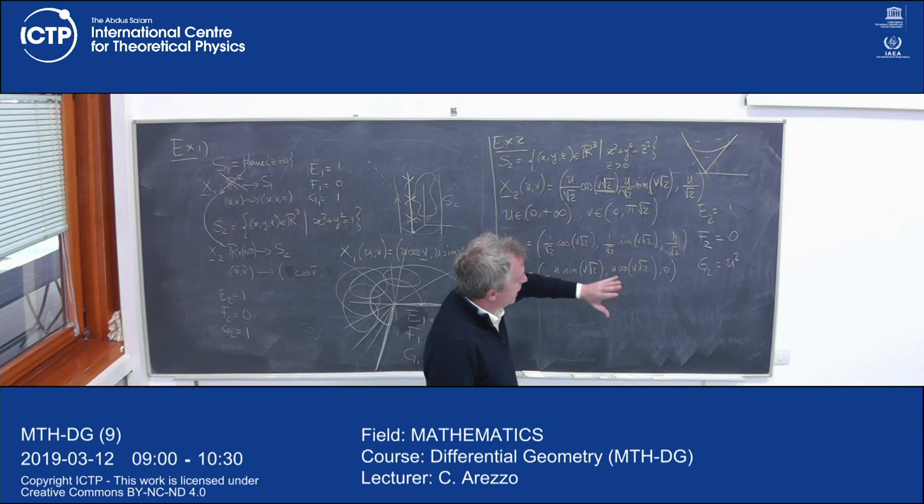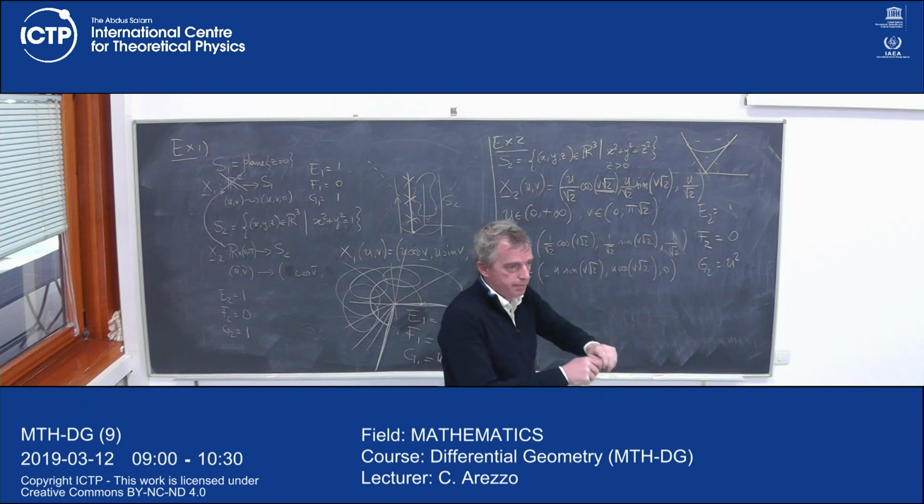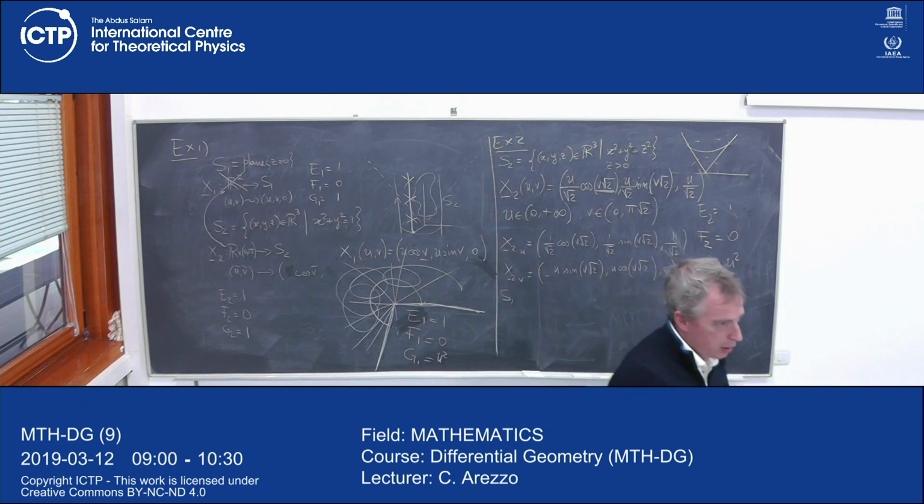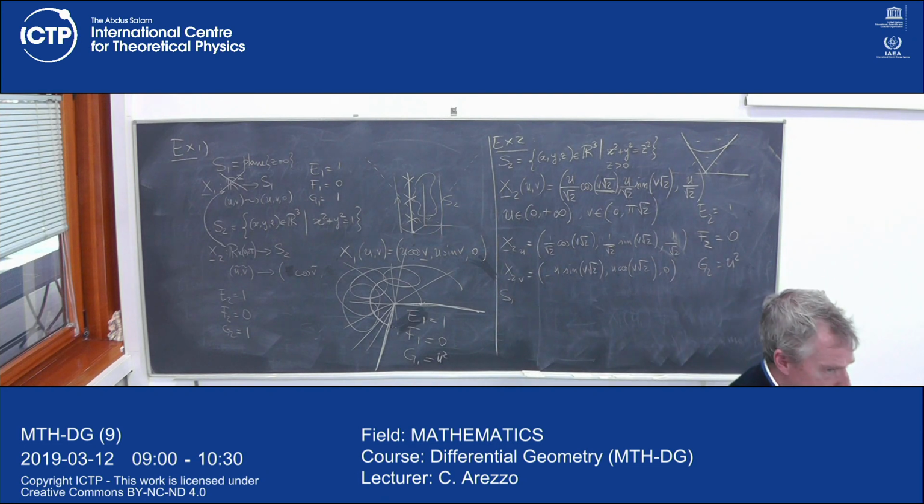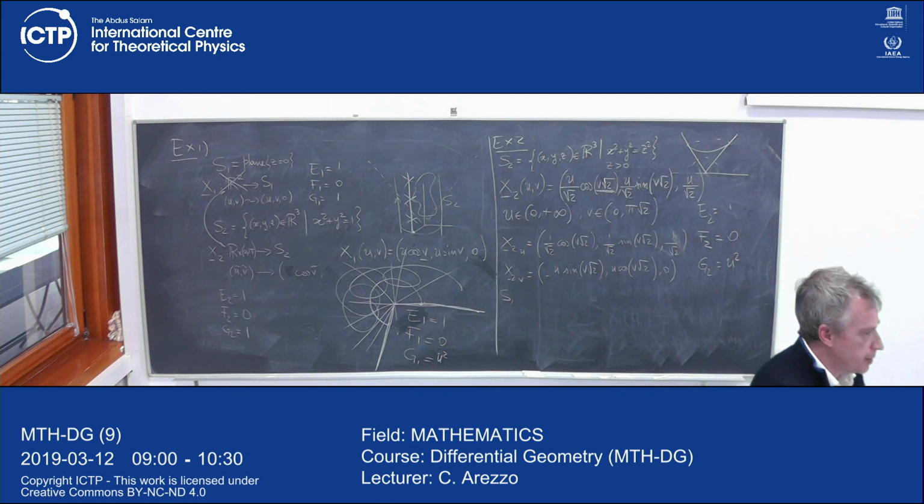Because how do I turn a surface, or anything where I can measure the length of curves, into a metric space? Well, I define the distance between 2 points as the infimum of the lengths of the curves connecting these 2 points. So if I have a transformation which preserves the length of curves, of course it preserves the infimum.